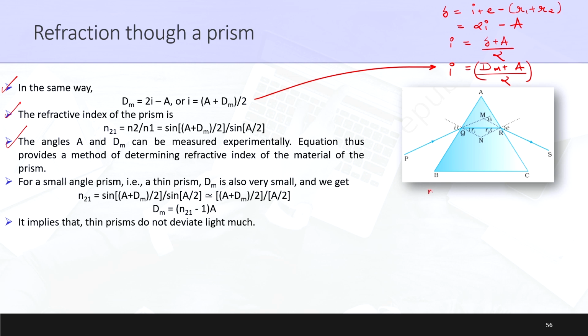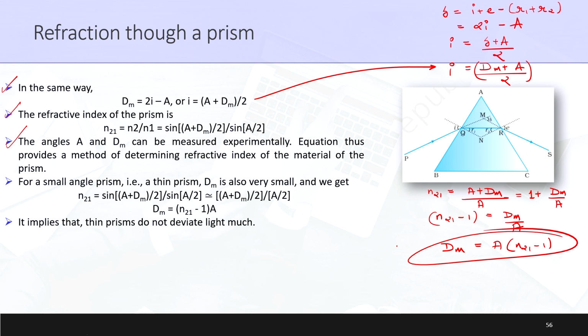Therefore, you will get n21 is equal to A plus Dm upon A, which is equal to 1 plus Dm upon A. Therefore, n21 minus 1 is equal to Dm upon A. Hence, we will get Dm is equal to A into n21 minus 1. So, basically you can find the angle of deviation, which is equal to A into n21 minus 1, or refractive index n21 is equal to 1 plus Dm by A.